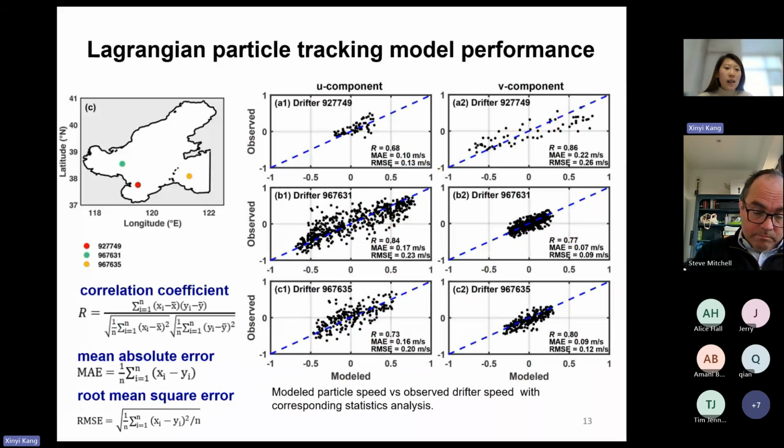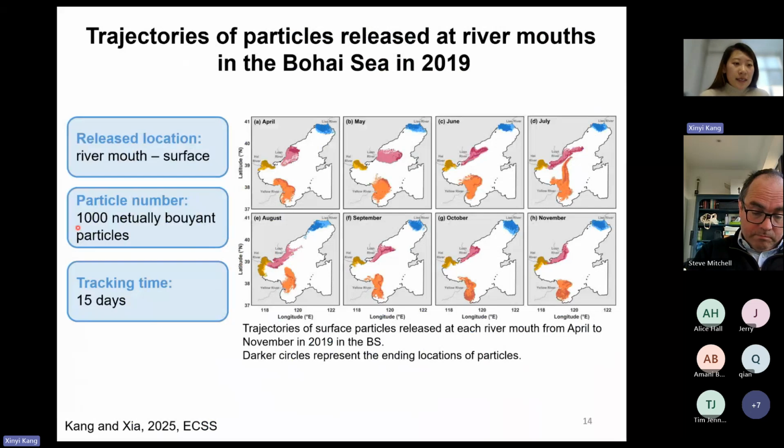And later on in the study, particles were released for each major river, the Yellow River, Hai River, Luan River, and Liao River, on the surface and tracked for 15 days. We chose April to November in 2019 for the study period.